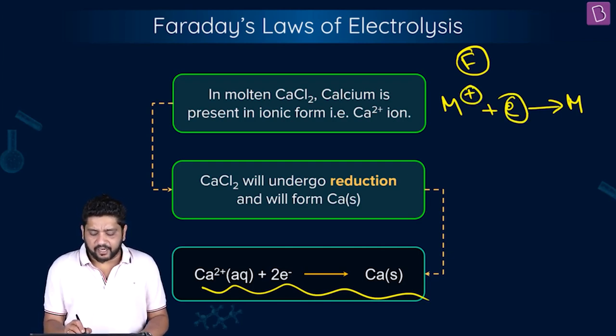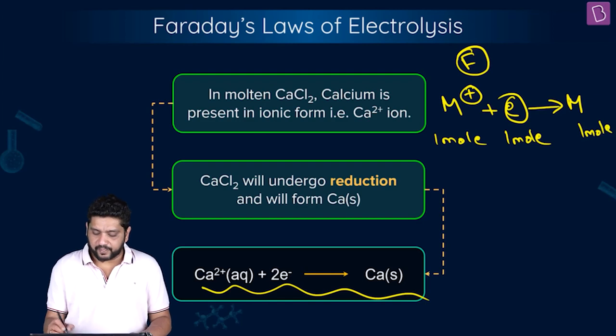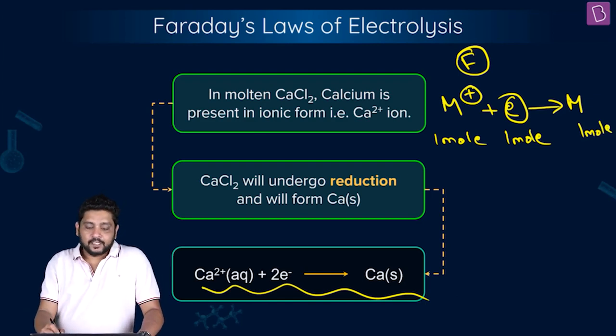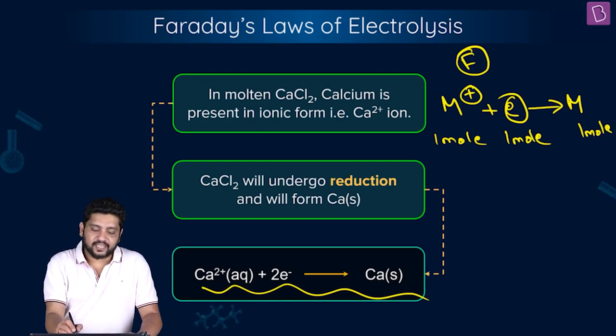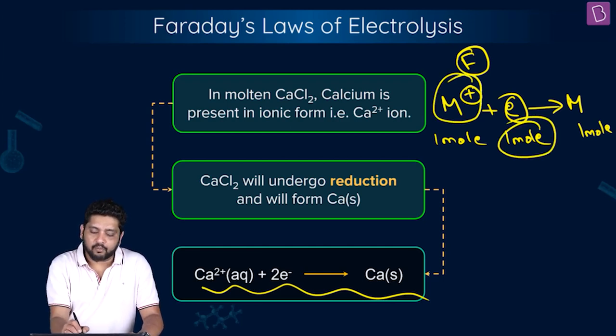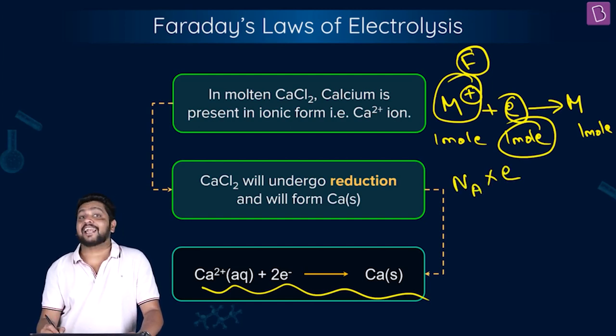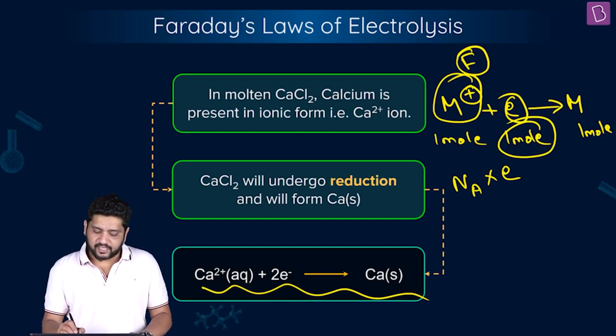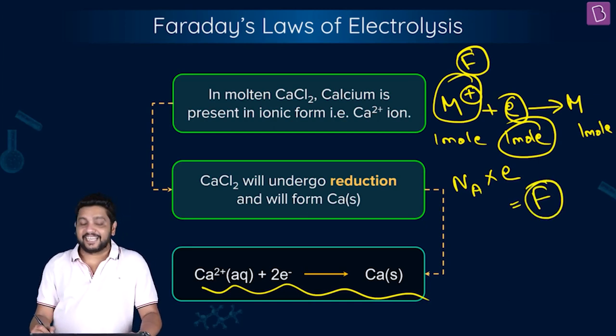So if I had 1 mole M+, it will take 1 mole electron and give me 1 mole of the metal, right? So the idea is, 1 mole of this M+ cation will take 1 mole electrons, and for 1 mole electron, what will be the charge? Na into charge on an electron, right? So if you calculate the value, what you are going to get is called the Faraday, right?